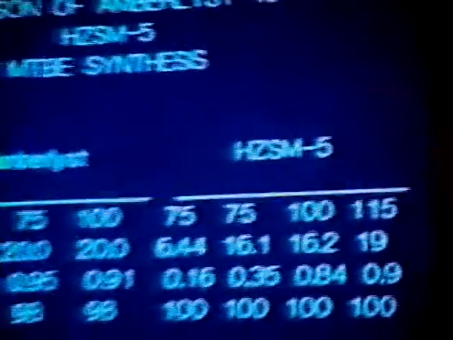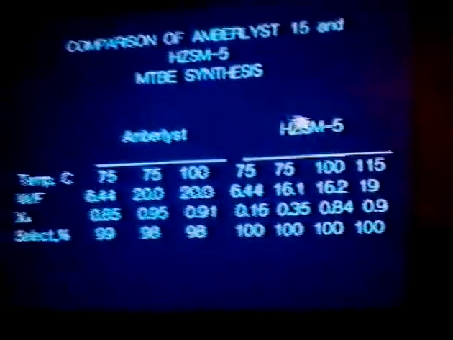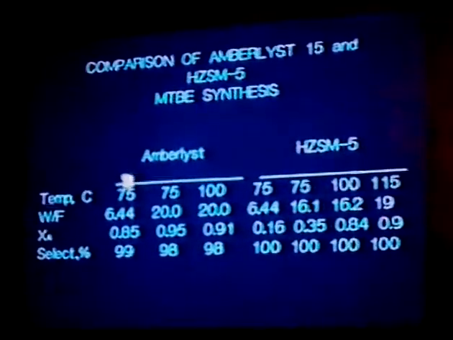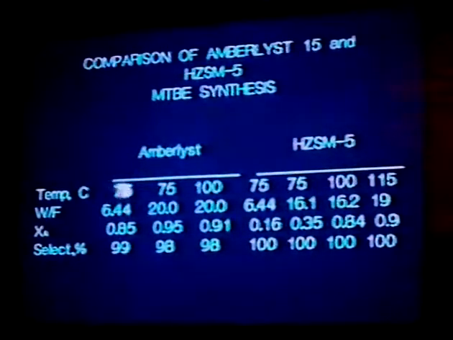This data table shows a comparison between the resin catalyst and the ZSM-5 results. If you look at the first column in the Amberlyst data versus the first column in the ZSM-5 data, you can see that they were run at the same conditions of temperature and space-time, and the conversion in the resin catalyst case was 85% versus 16% with the zeolite catalyst.